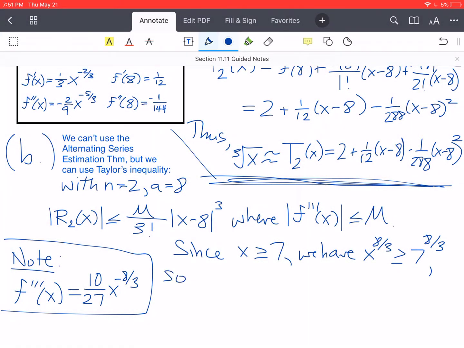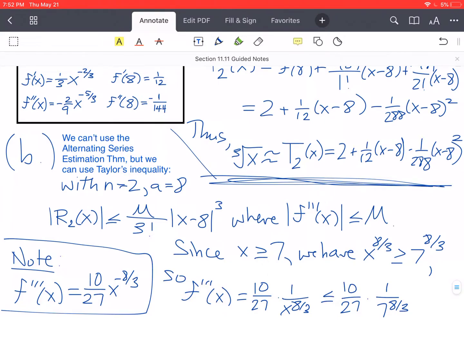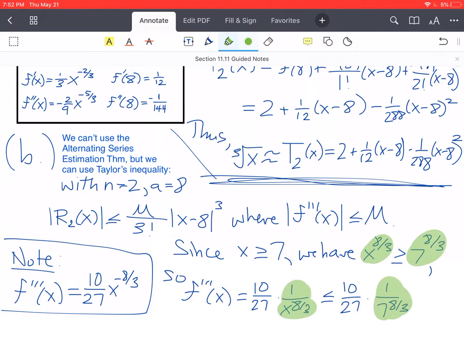So if that's true, then f triple prime of x, which is 10/27 times 1 over x to the 8/3, because it was a negative power, must be less than or equal to 10/27 times 1 over 7 to the 8/3. Because of that reciprocal relationship, if this one is bigger than this, then 1 over this one is going to be smaller than 1 over this one.